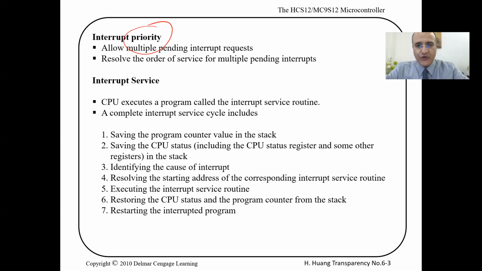But for an interrupt, you don't know when it is actually going to come. You never know when somebody is going to push the button. You never know when an alarm is going to run because of a fire or whatever.